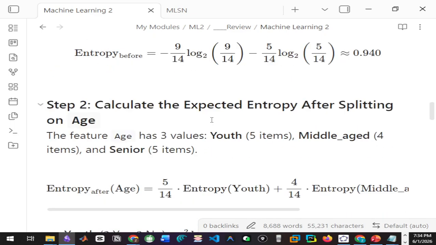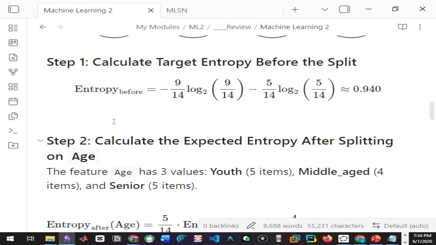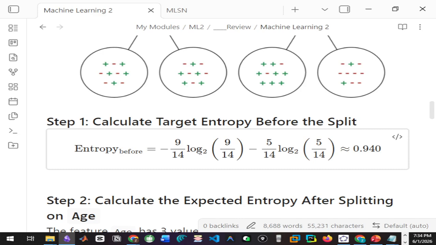So in that example we've been given a dataset that we will apply information gain to as an attribute selection measure. So we are going to test all our attributes and see which information gain is the best.